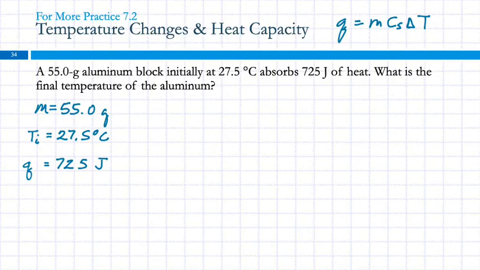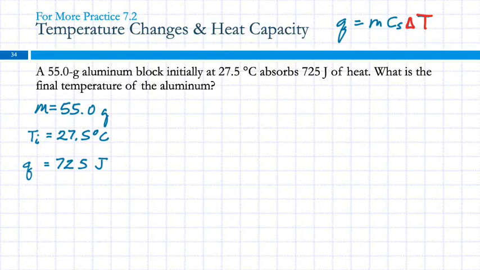So I want to find the final temperature. If I look at my equation though, final temperature doesn't specifically show up here. So the best thing would be to find the change in temperature. If I know the change in temperature, I've got the initial temperature, I can figure out what the final temperature is. You could do it the other way, but the algebra gets icky and we don't want to go there.